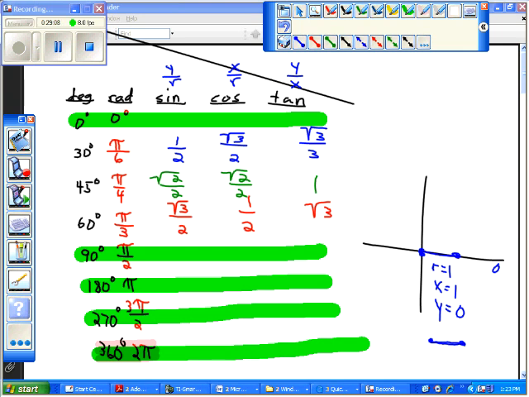It would be Y, which is 0, over R, which is 1, and 0 divided by any number is 0, and so the sine of 0 is 0.